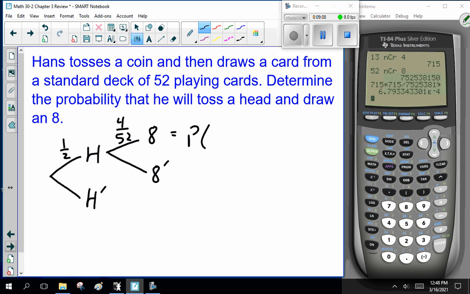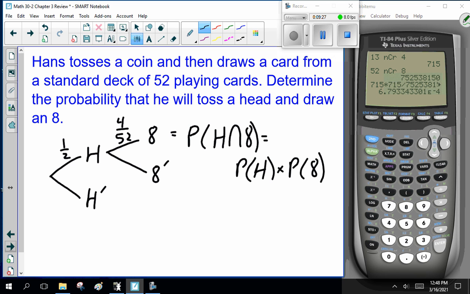So, probability. Now, to get fancy, I should be saying probability of head and 8. Probability of getting a head times probability of getting 8. Is that and together or no? Intersect, yes. So this is 1/2 times 4 over 52, which is 1/2 times 1/13.